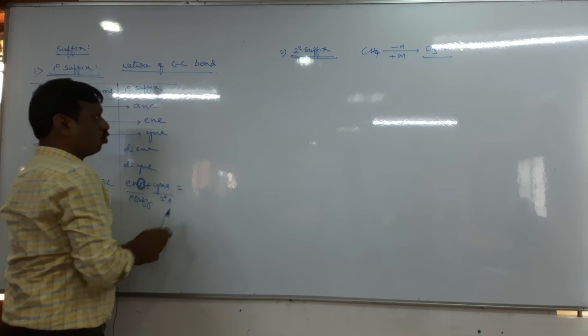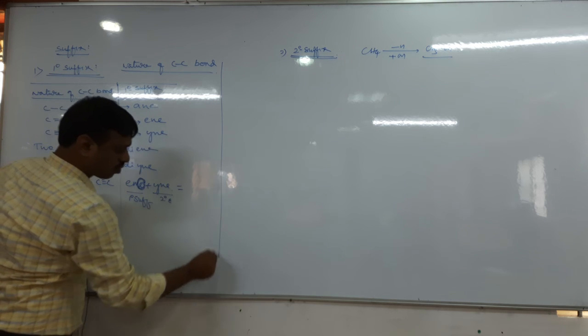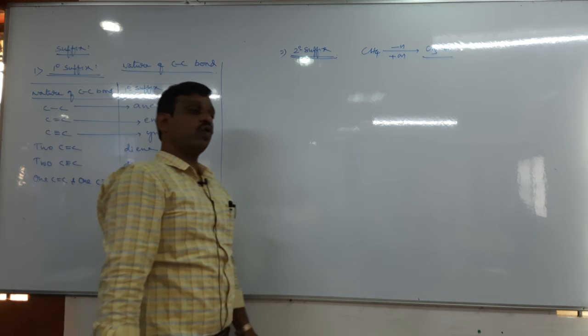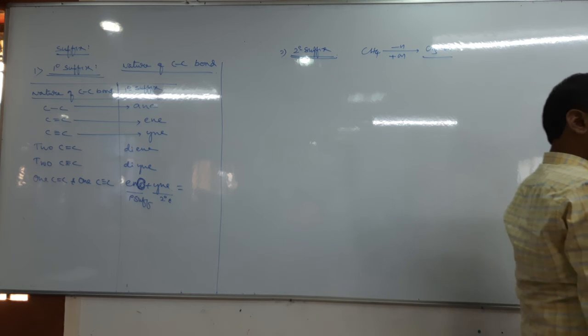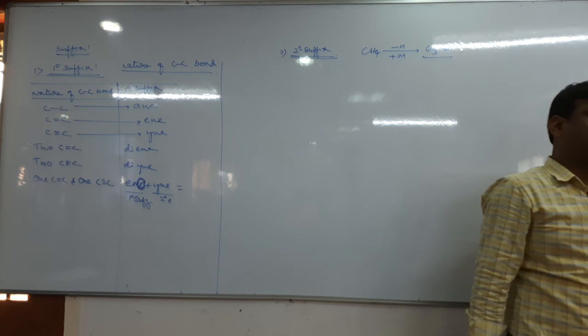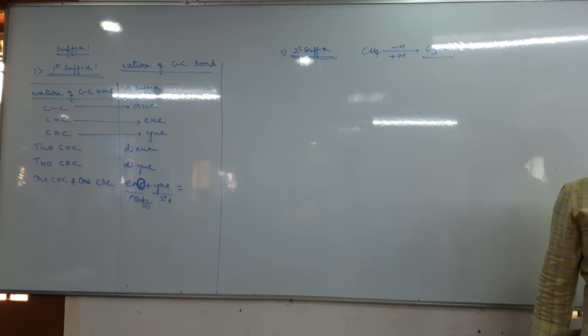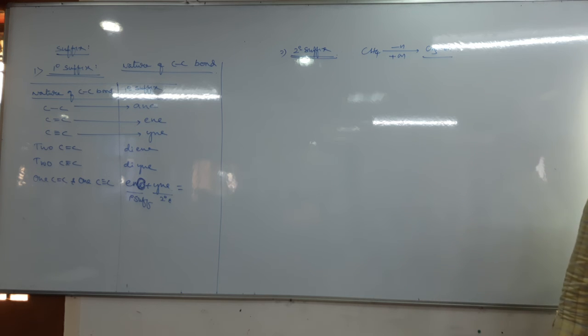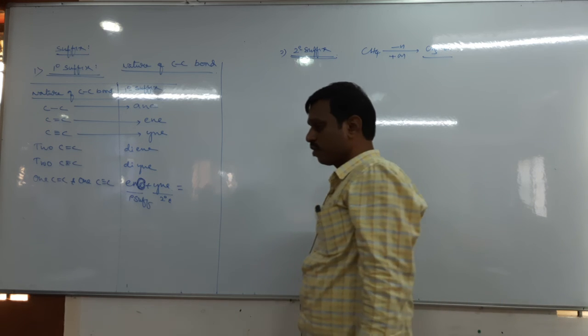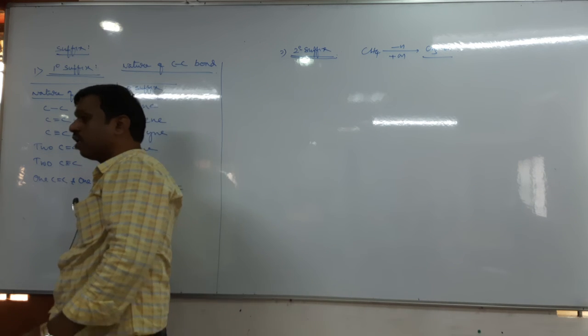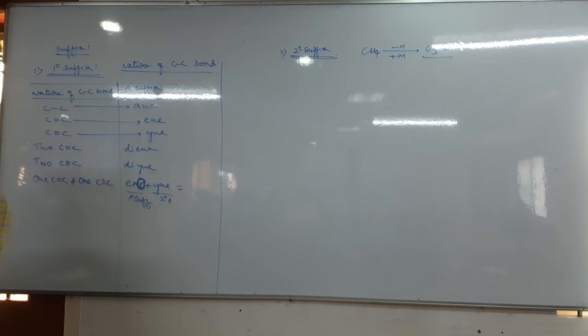Write the definition of functional group: the atom or group of atoms which decides the property of the organic compound is called a functional group.